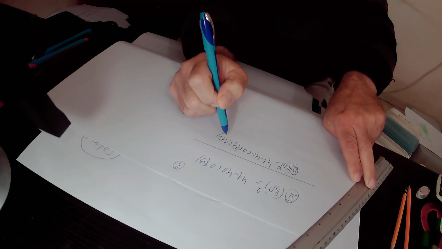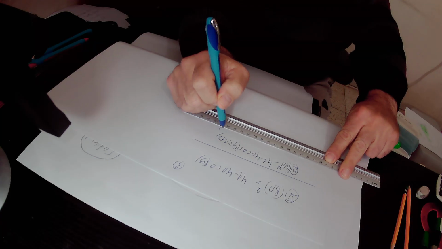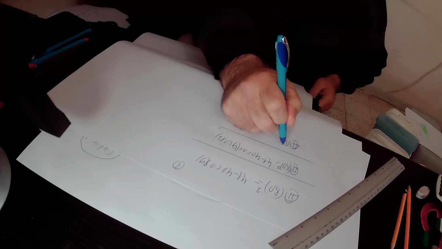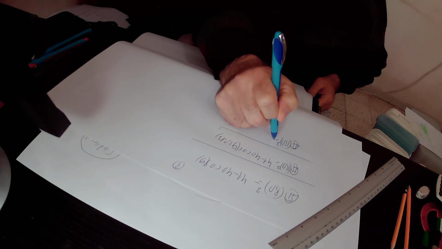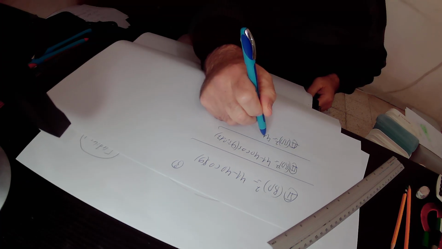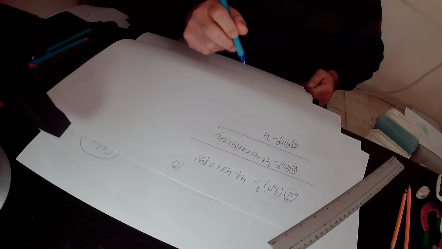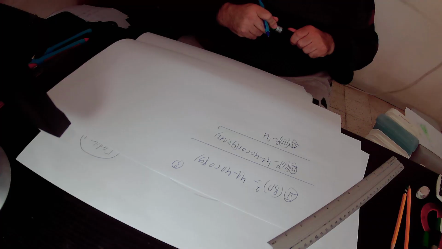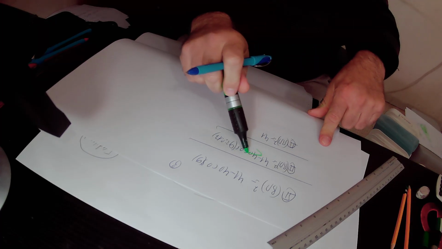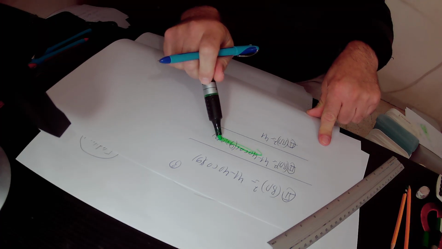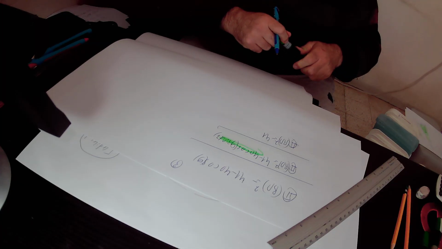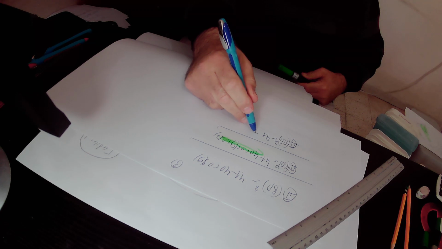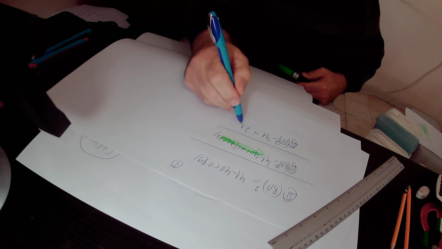So in total, BD squared, according to equation 2, equals 41 minus 40 times cosine 93.07 degrees. Actually, the value of this expression in the green color is 2.105.